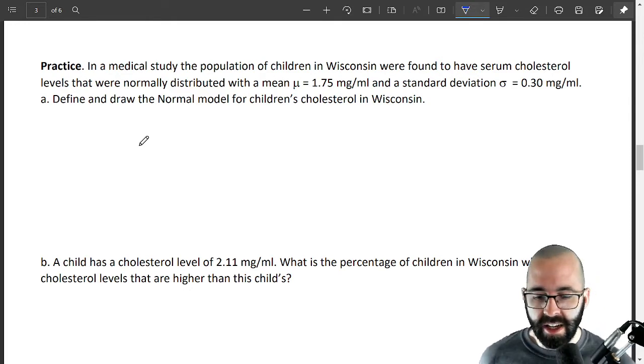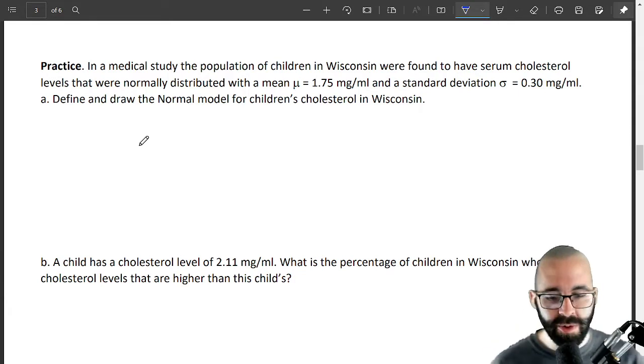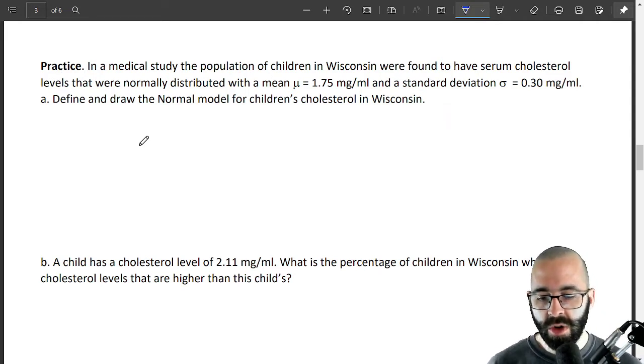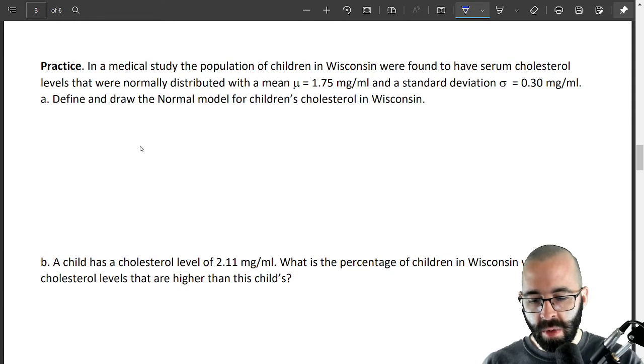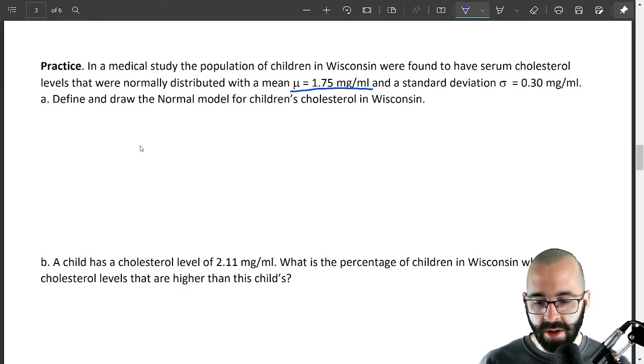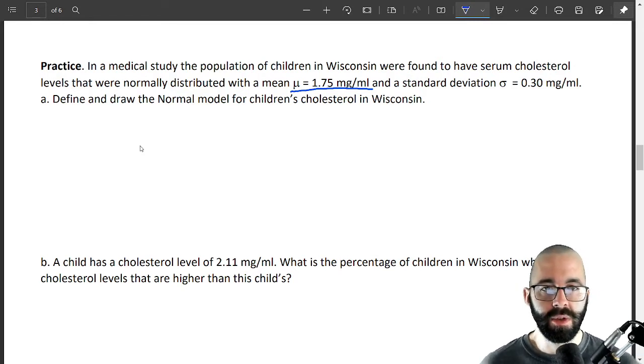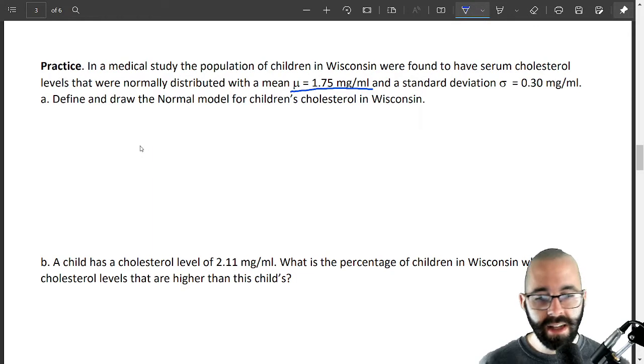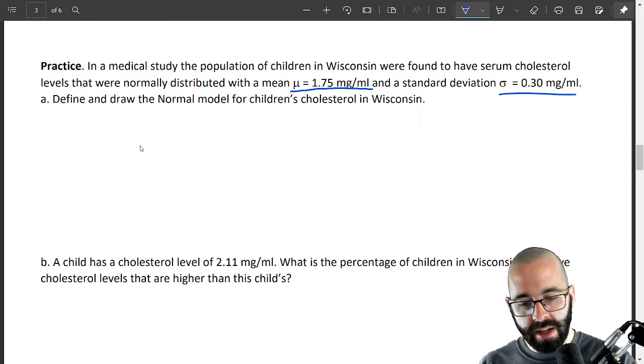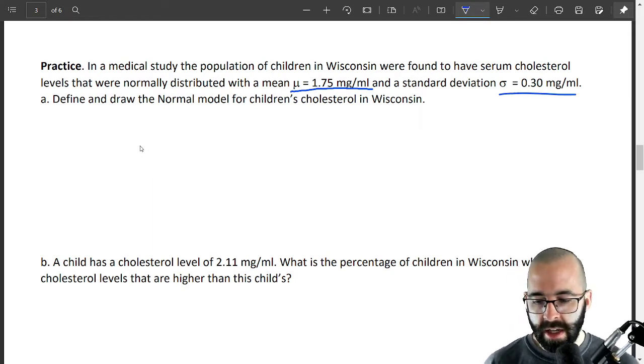We've got a medical study in Wisconsin, and it found that a population of children were found to have serum cholesterol levels that were normally distributed with this mean. The cholesterol levels are apparently measured in milligrams per milliliter, so concentration, and a standard deviation of 0.3 milligrams per milliliter.